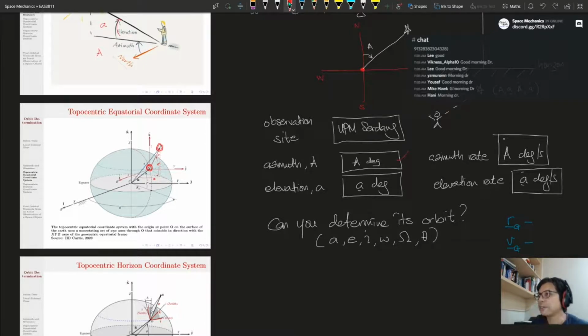You only have probably these 4 numbers only. So it's different from getting this. This we don't know. So the question still remains, if you got these 4 numbers and you know where you're standing, can you determine its orbit?